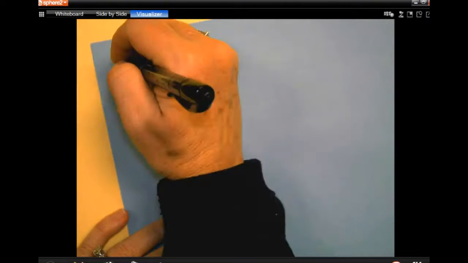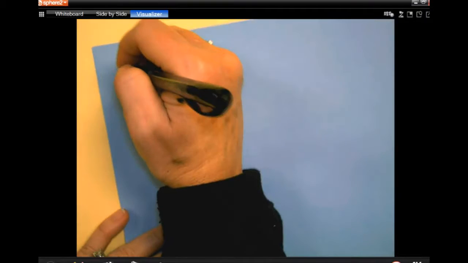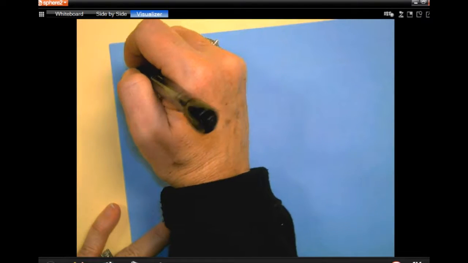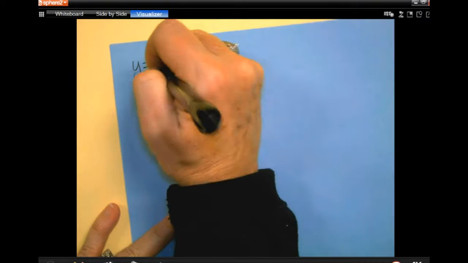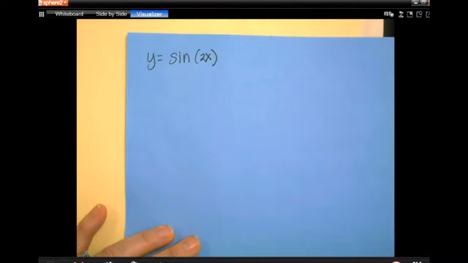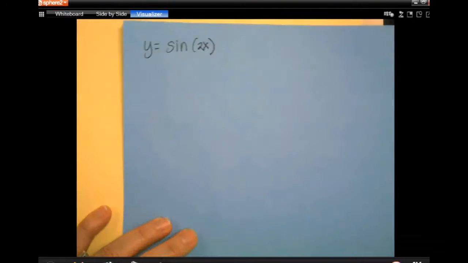So this is what it'll look like. Do we copy what you're writing down right now? Yes. So that's for amplitude, right? This is for period now.